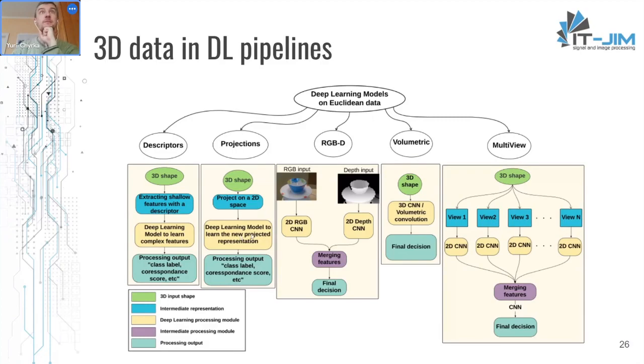When we talk about RGB-D, it is slightly more complex, but the complexity lies only in adding one additional branch for processing of depth. But the overall concept is the same. So we separately process two images, then merge their features and make the final decision.